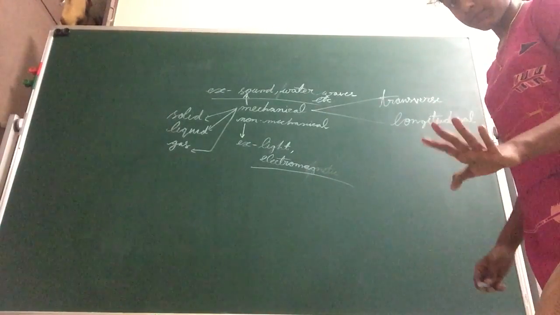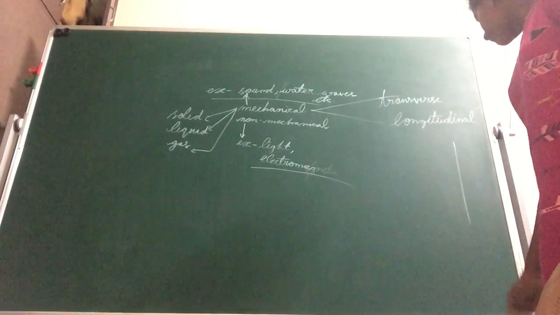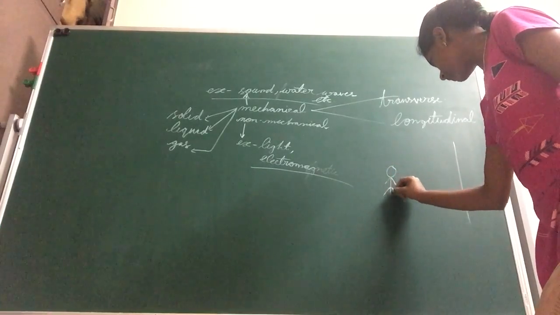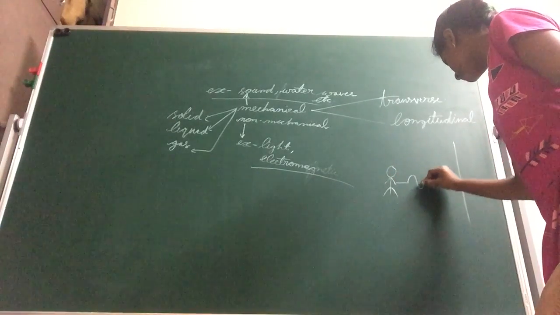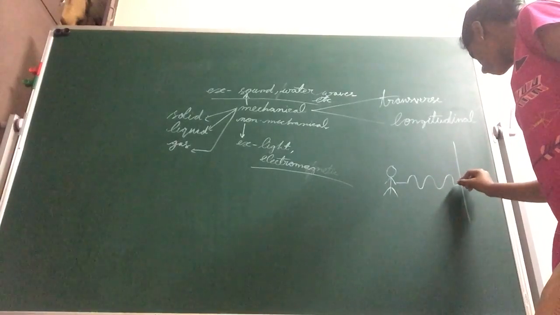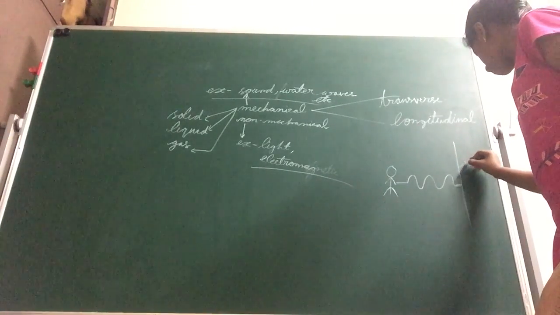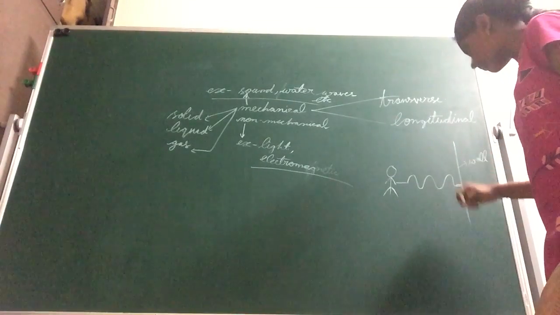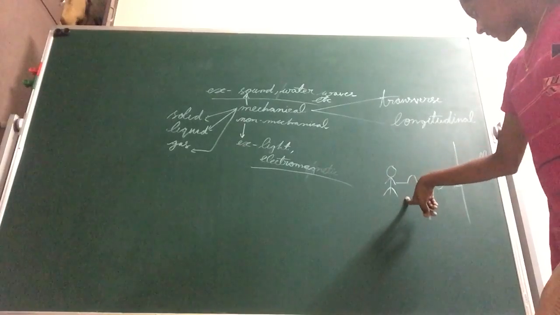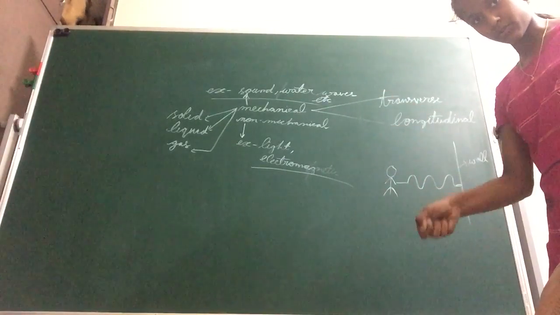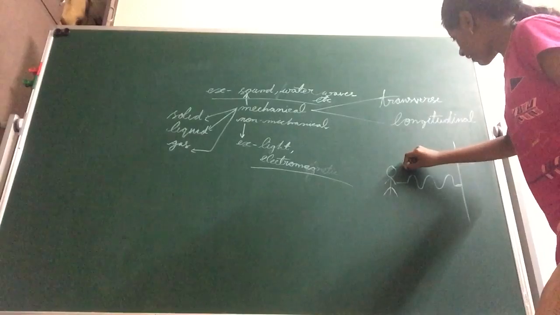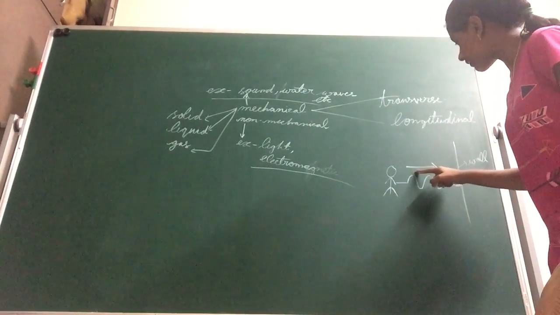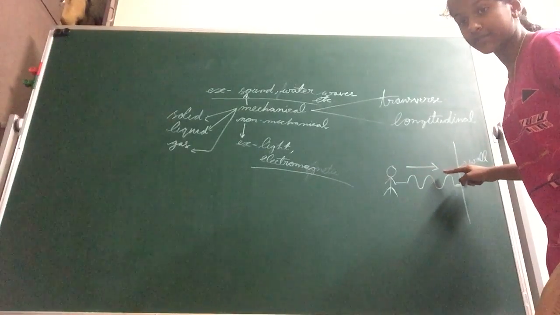I'm going to tell you a simple thing. We all have played in childhood with a rope, right? So this is a man holding a rope, and this is a wall. Now what this man does is he moves the rope like this, and to the naked eye we see that the waves are moving in this direction.